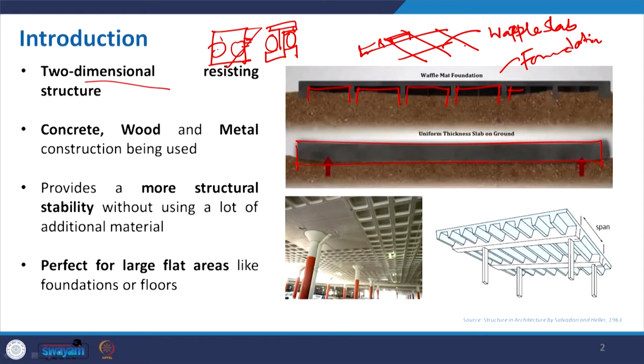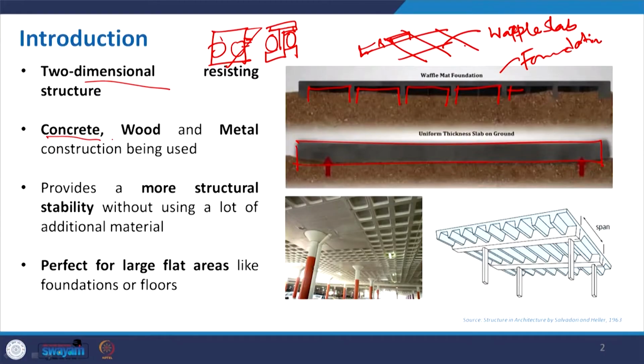It need not be an orthogonal or mutually perpendicular grid, where vertical and horizontal lines always cross each other at 90 degrees. Sometimes we also get different kinds of relationships between horizontal and vertical members, which we will discuss in upcoming slides.